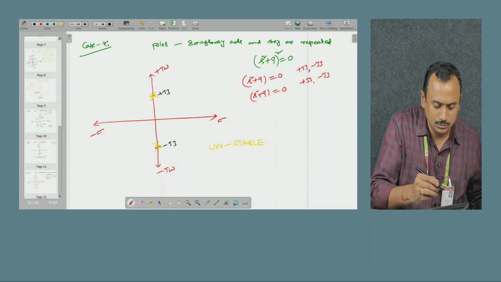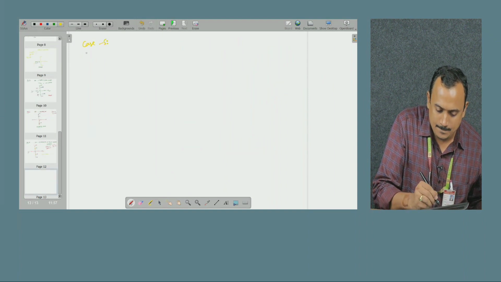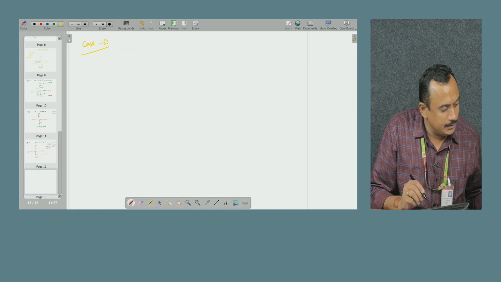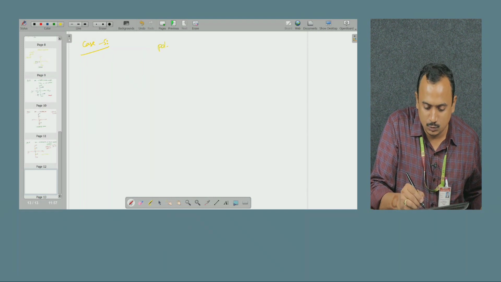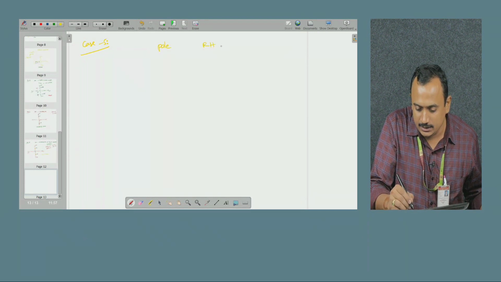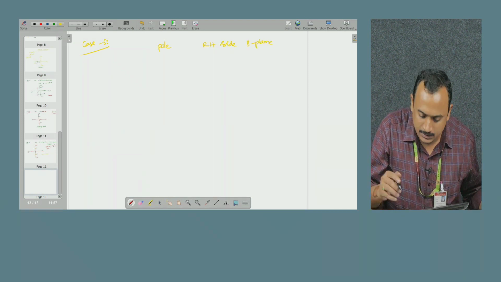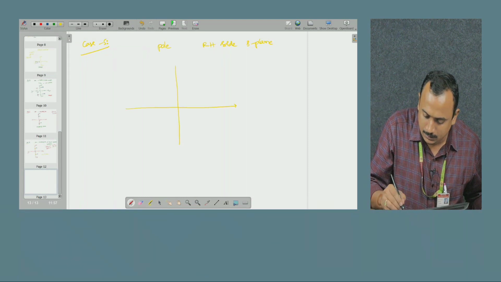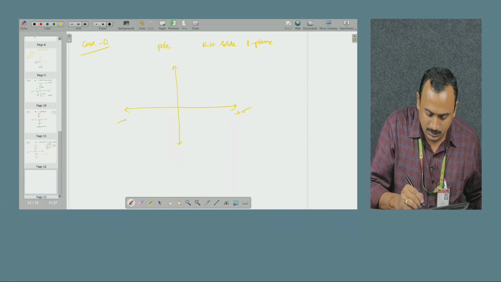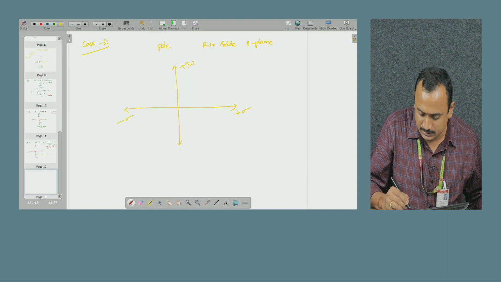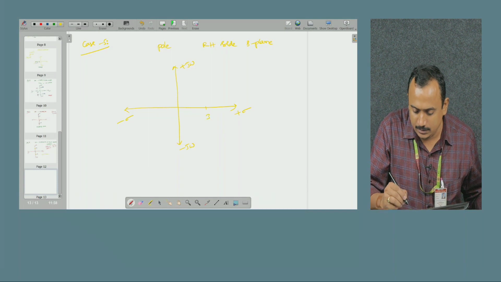Now let us go to the next case. In this case, if we assume at least one pole is on the right hand side of the S plane, that means on the given S plane, this is positive sigma and negative sigma, positive imaginary axis and negative imaginary axis, at least one pole, let us say it is at 3.